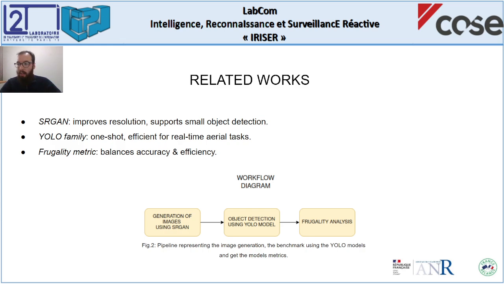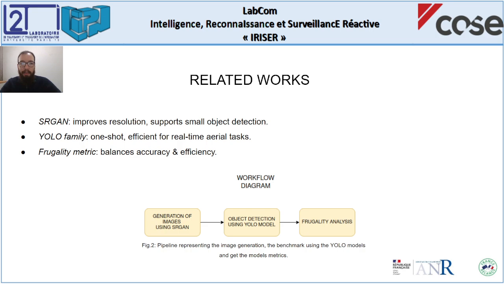But which models? In our case, the YOLO family, because it's an efficient one-shot object detection model. So we have only one step to gather the object positions on the image to detect them, and it's also very efficient for real-time aerial tasks.